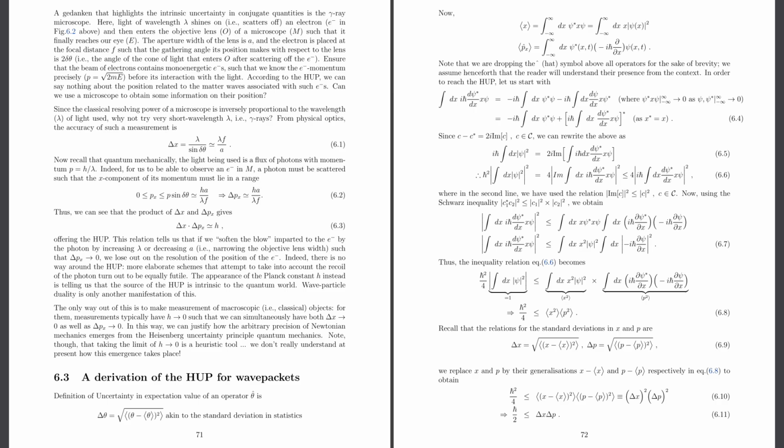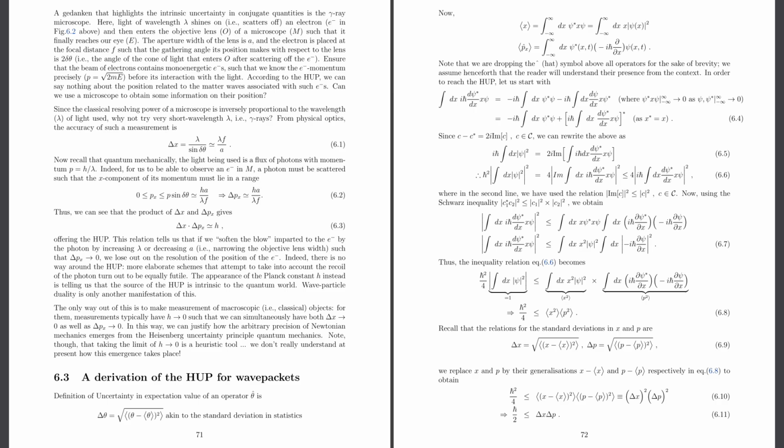What are these two products? If you look carefully, it's actually the expectation value of the x square operator and the momentum square operator. So this integral on the left hand side has to be less than or equal to the product of the expectation value of the position square and the momentum square expectation value. These two products have to be greater than or equal to this guy.